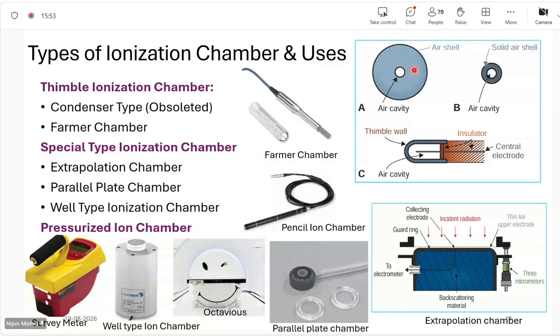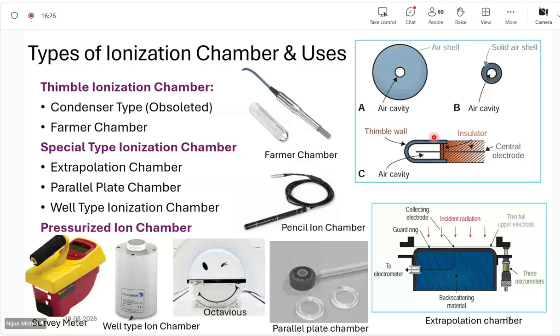So you can see that in this Farmer type chamber, the thickness is around 0.75 mm. It's very thin. As density increases due to this solid replacement, we can achieve CPE with a very thin solid air equivalent cell. So this is the basic principle of the thimble chamber.